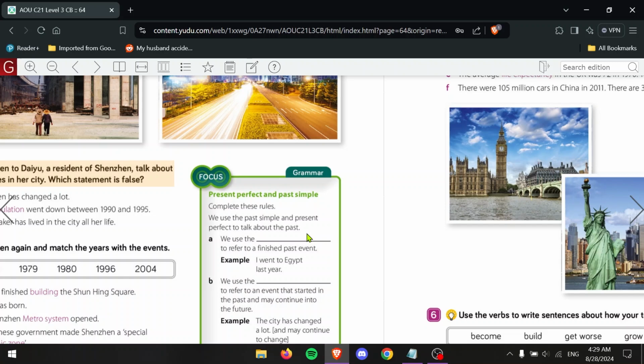It usually focuses on the completion of the action, usually without any connection to the present. I could give an example, something like, I went to the park yesterday, or he studied for the exam last week. So it's something that happened in the past and it doesn't have any connection to the present, what is going on currently.